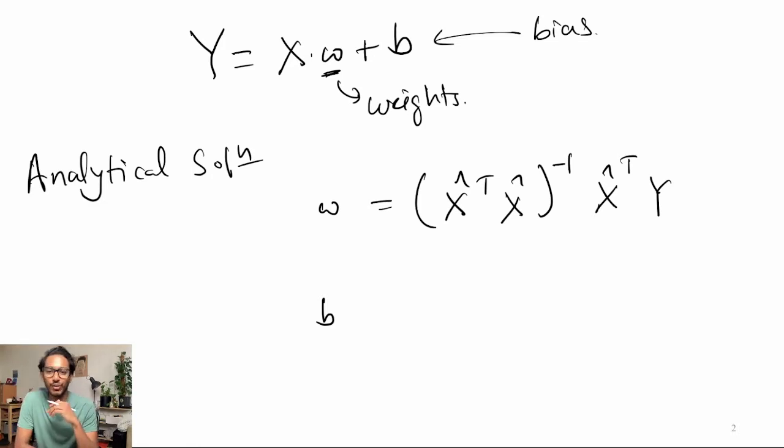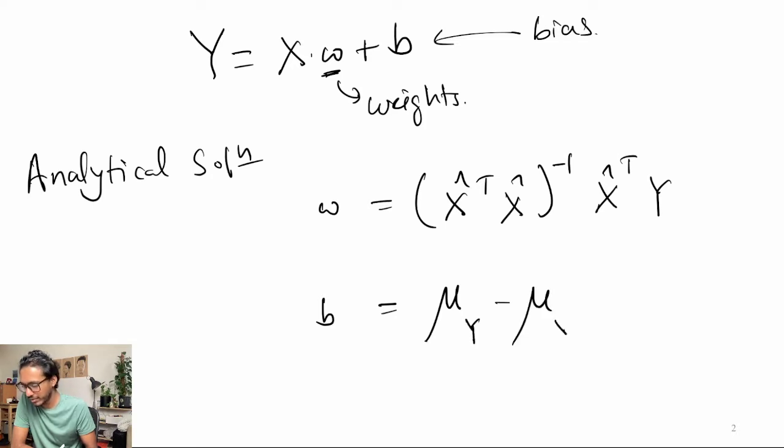It's a bit of a long and convoluted solution, but I'll show you how this is not that hard to calculate. And for the bias, we have mu y minus mu x times w. I'll describe each of these variables as well.